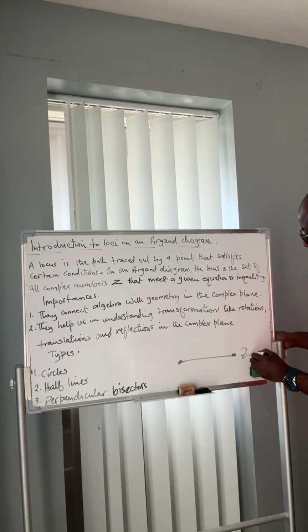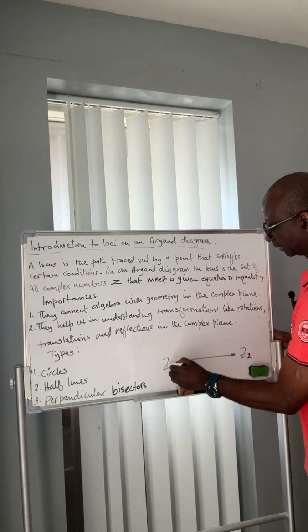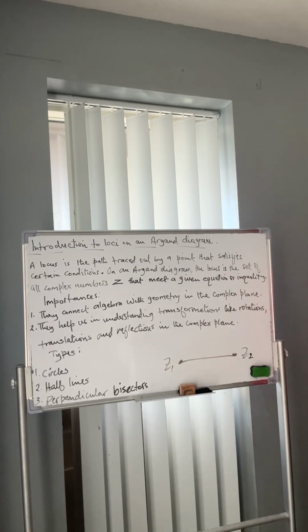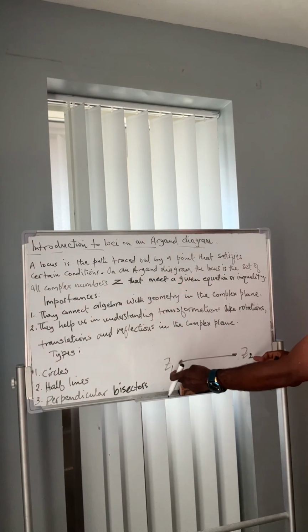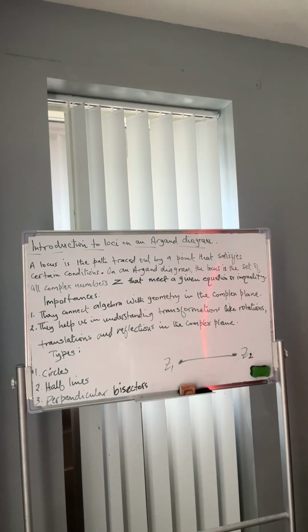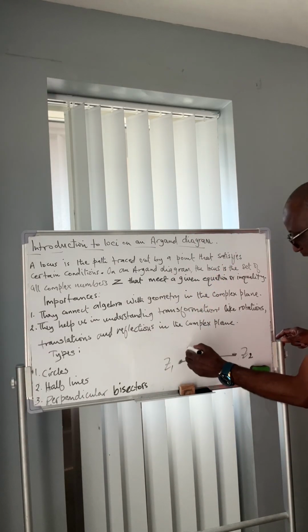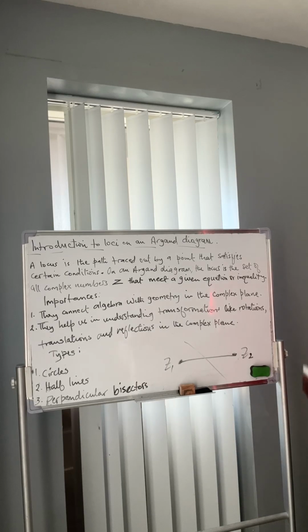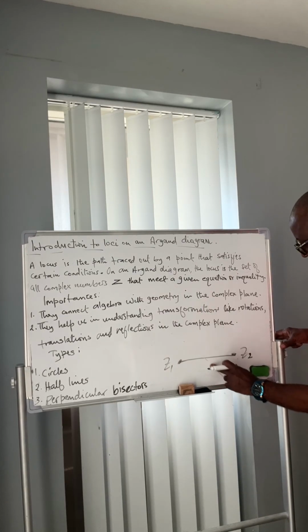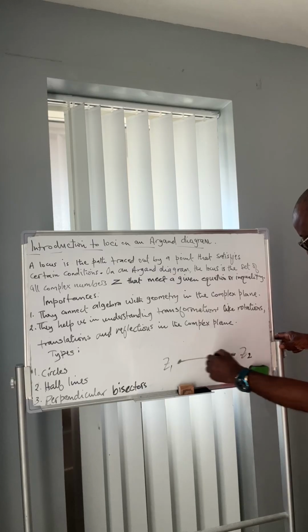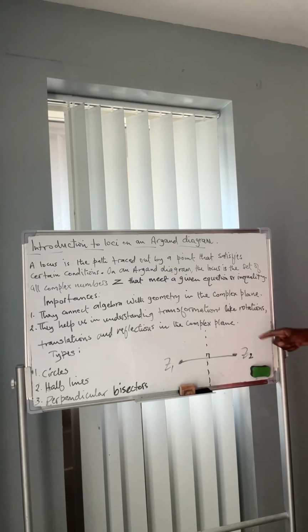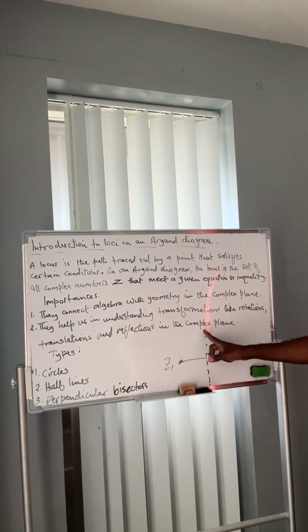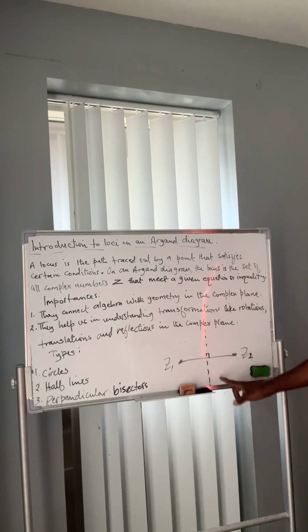This is your Z2 here, this is your Z1 here, and you want to find points that are equidistant, that are equal between these 2 points. So that line will not be like this. It's wrong. You will find the midpoint between these two, and that line is perpendicular to these 2 points. So this line, any point here, is equidistant to these 2 points.